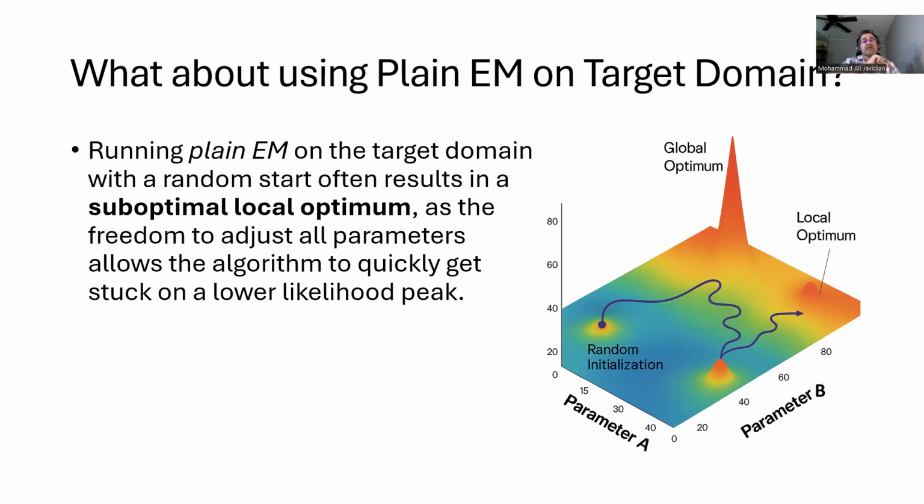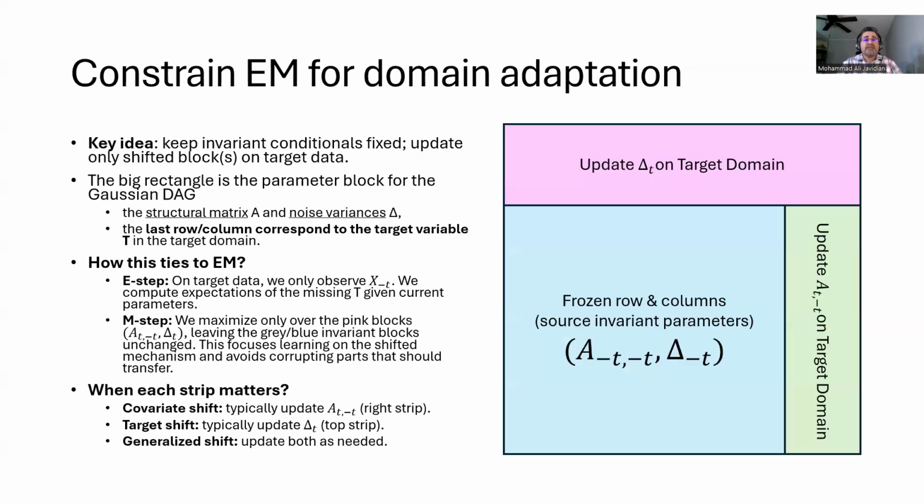Only adapt what can change across domains. We keep the invariant conditionals frozen from the source and only update the shifted blocks on the target data. This focuses learning where the mechanism changed and prevents the rest from drifting.